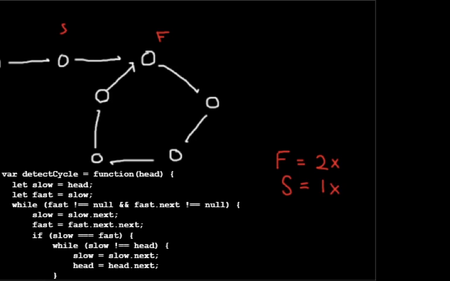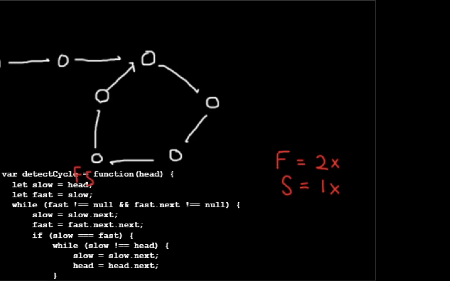And so at the next point, you'll see that fast moves forward 2 and slow will be where fast currently was. So if I show you the next step, you'll see that that's exactly what happens. And then we continue this step through again. And then again, fast moves forward 2 spots, slow moves forward 1 spot. So they're almost about to catch each other, and they will at the next step.